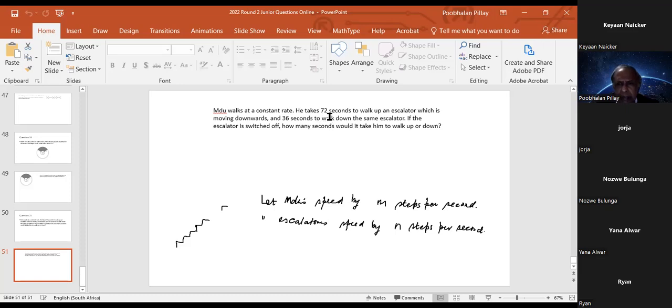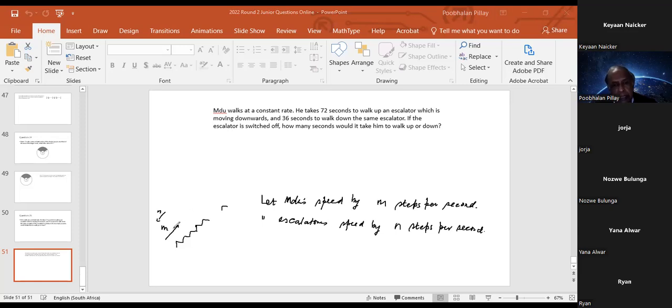it says that it takes 72 seconds to walk up the escalator. Now, how do you interpret that? When he is walking up, he is going m steps up, right? But this guy is pushing him down by n steps.